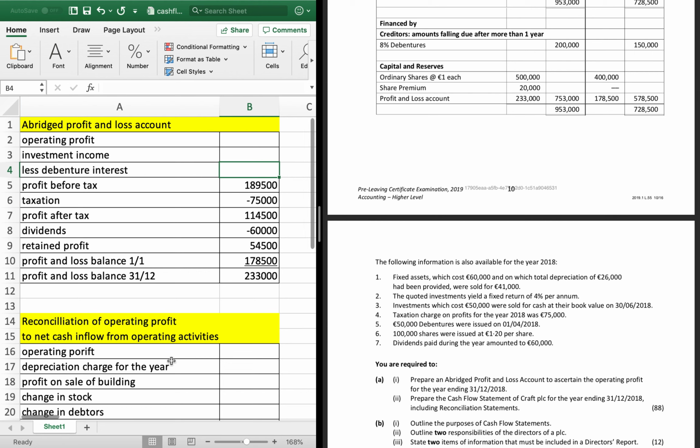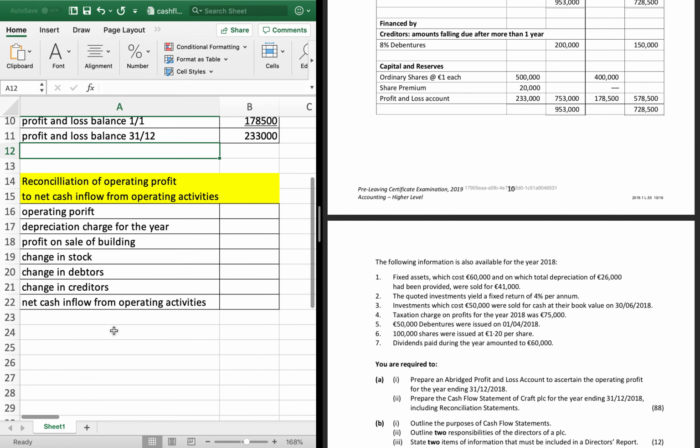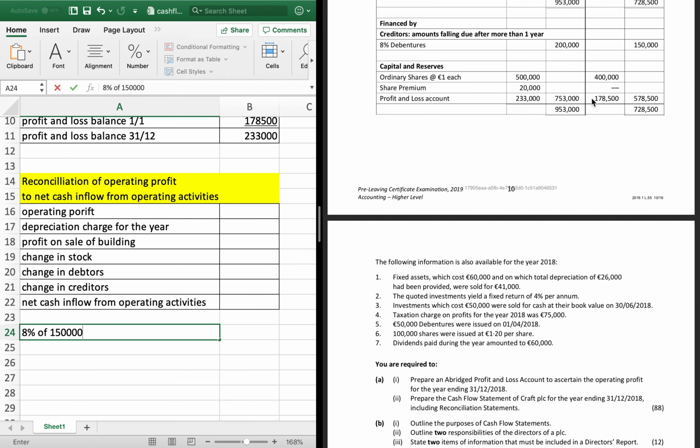So it's going to be a combination of both. For the first 4 months of the year, it's going to be 8% of 150,000, and for the remaining months of the year, it's going to be 200,000.